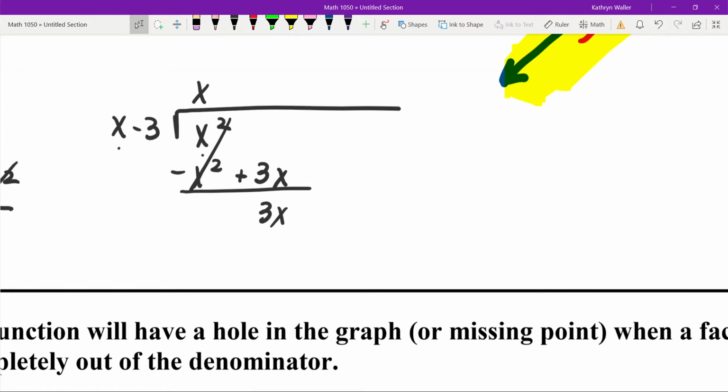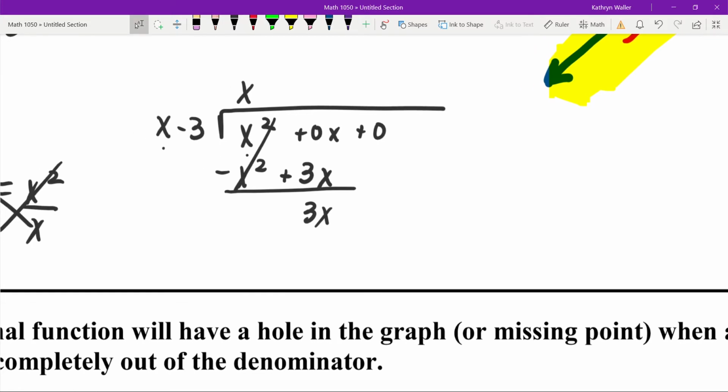Inside, I'm missing things. I've only got a squared. I'm missing a first and a constant. So how do I fill those in? Plus 0x plus 0. They must be there, and this actually came up on a midterm where a lot of my students missed it because they all wrote y equals x. Not a lot of them, but some of them, because they didn't fill in.